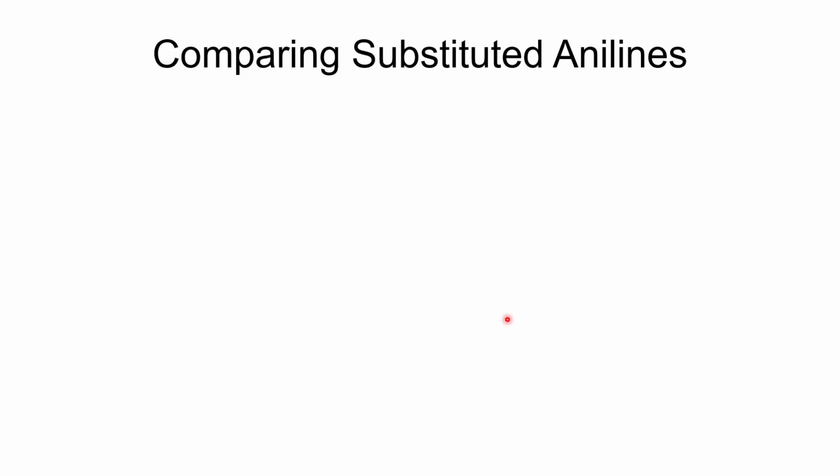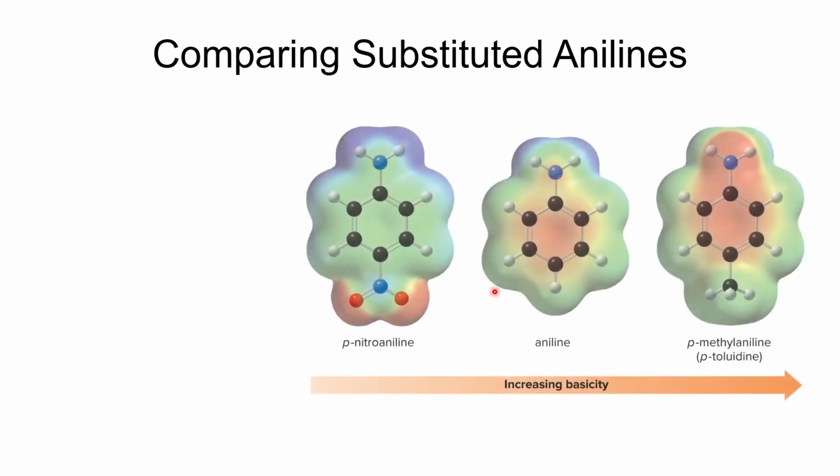So let's look at an electron density map that shows a picture of what I just said. Here we've got aniline as our control group. Aniline has a significant amount of electron density on the ring, but there's also some electron density on the nitrogen. That electron density on the nitrogen makes it available to act as a base.